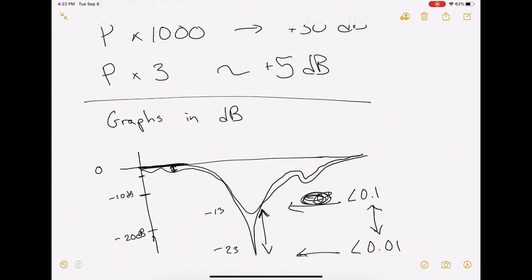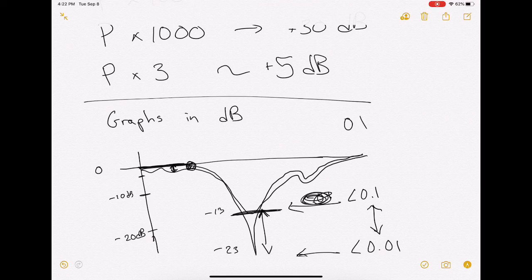But when you're looking at these graphs, sometimes it is important to know that a difference of 10 dB where the top value is already minus 13 is a lot less important than a difference of 10 dB when the top value is 0. Right?